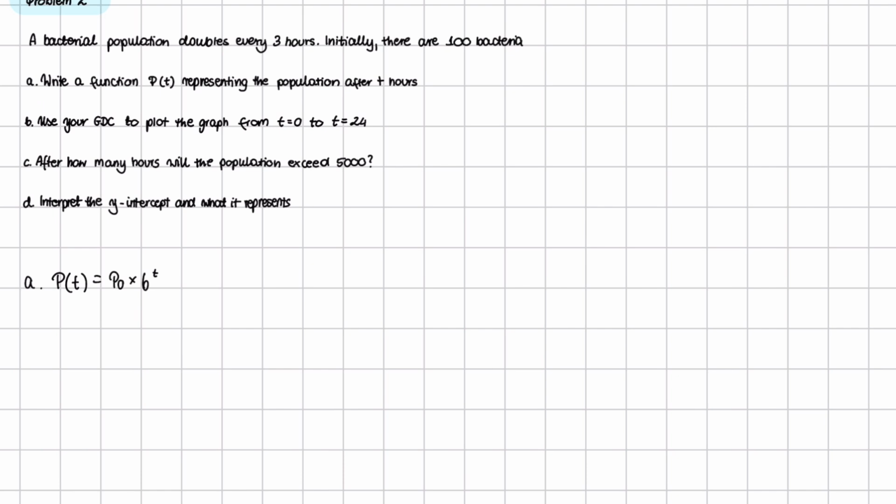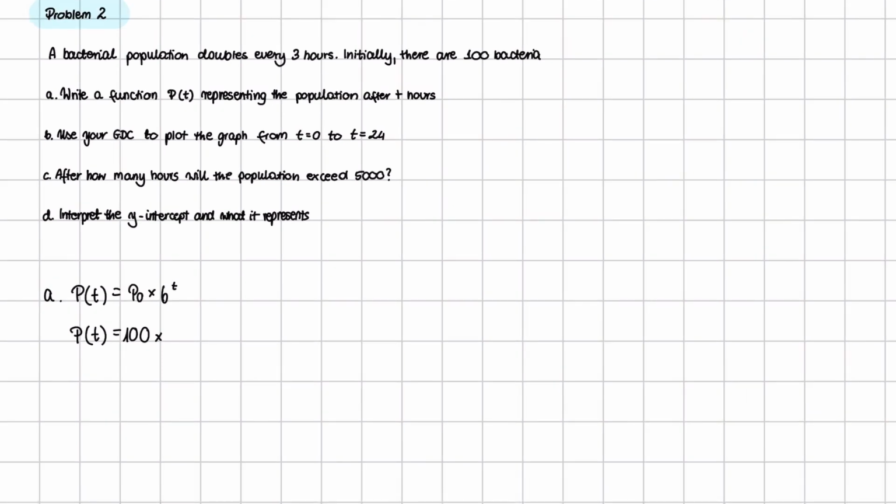So we can rewrite our function with substituted values. We know that P0 is 100 because it's our initial amount of bacteria. Then we have times 2, because 2 is our growth factor, since the bacterial population doubles.